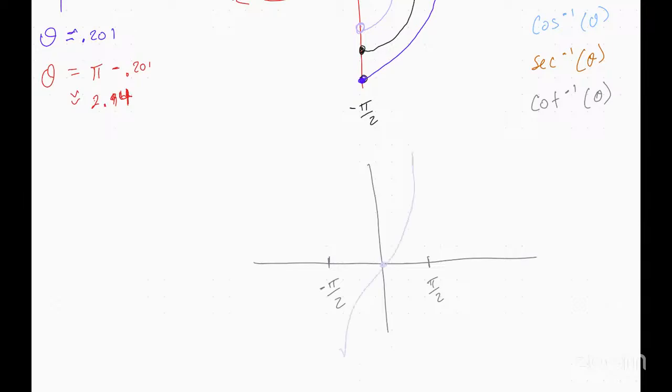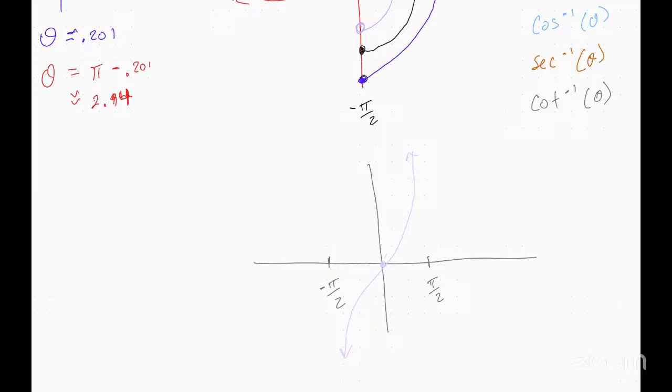So do you remember how you define an inverse function? You take the graph and you flip it over the line y equals x. So the inverse function of this would look like the graph flipped over the line y equals x, which is a line like that. Do you understand what I'm talking about?